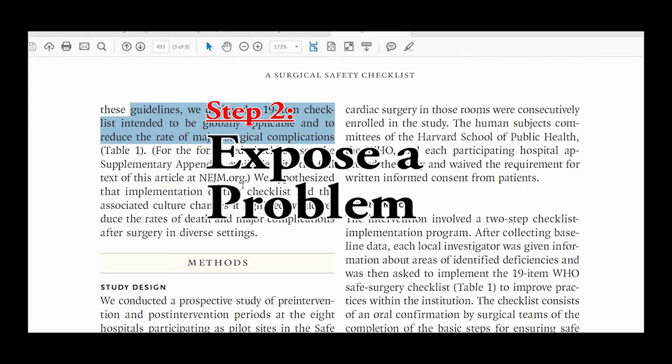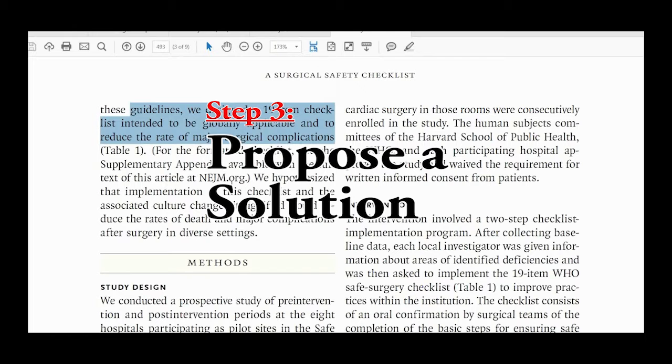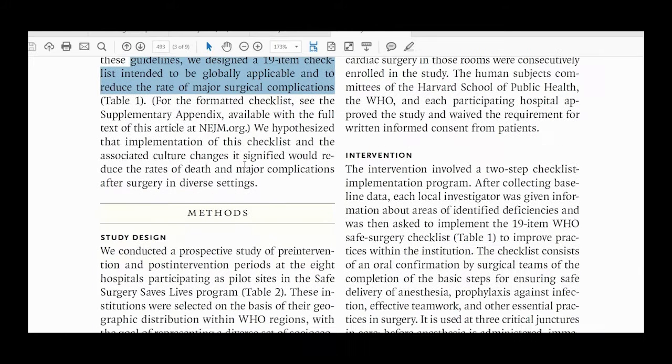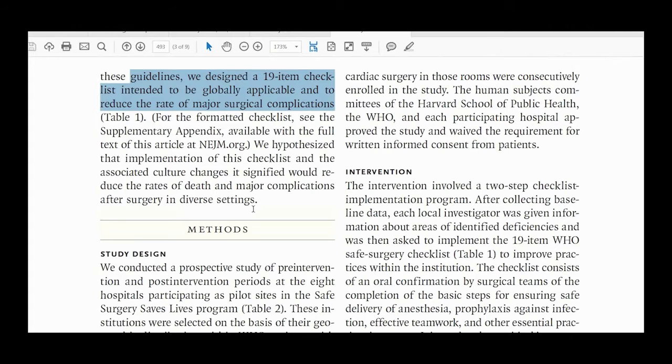They have pointed out a problem that the medical community is trying to solve, and then they have proposed their own research or their own program as something that can help alleviate that problem or help solve it. That's what an introduction should do. It should make an argument that the research that you are reporting on is necessary, that it helps solve some problem, that it helps make things better in some way.